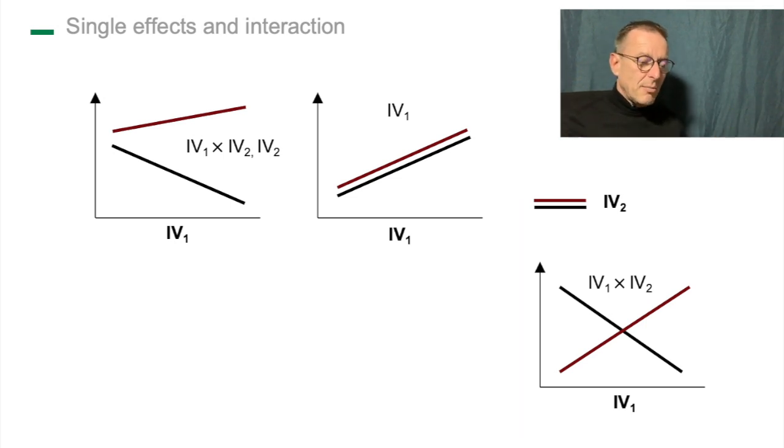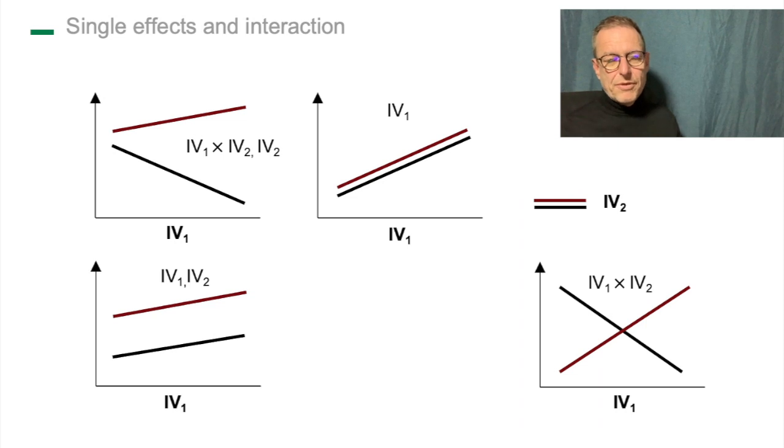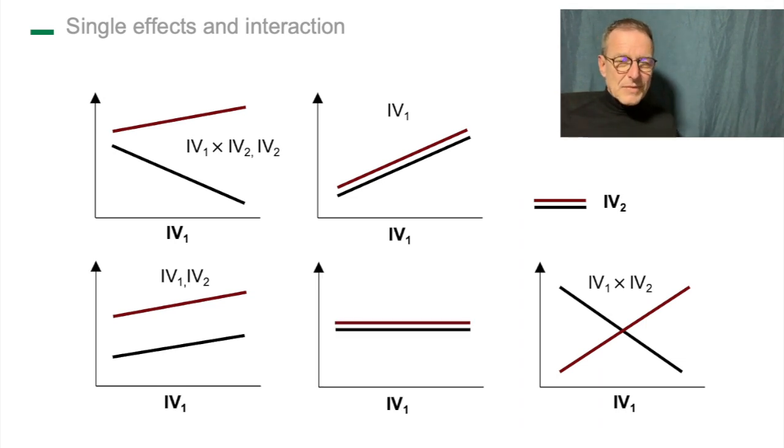And with the next example, there is a strong effect of both independent variable 1 and independent variable 2. There is no interaction, not at all. But both show individually a strong effect. And with the last example here, on the bottom side in the middle, you see no effect at all. Right? So that's very interesting to look at individual effects of both variables, independent variable 1 and 2, but also at the interaction. That's the fascinating idea about two-way MANOVA.